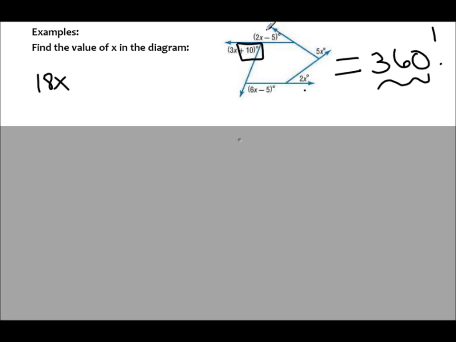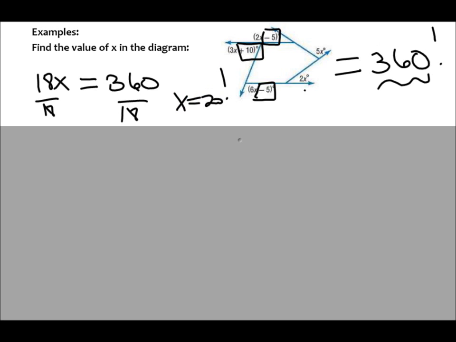I have a positive 10, a negative 5, so that's 5, and another negative 5, so that's 0, equals 360 degrees. So all I have to do here is take my 360 degrees and divide it by 18. So I'm going to get x is 20.